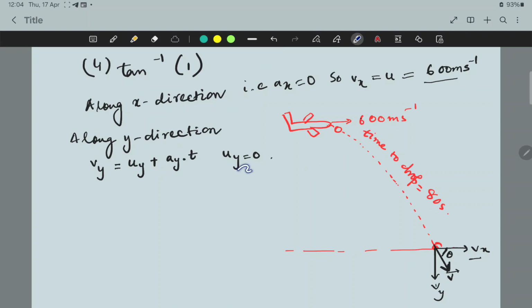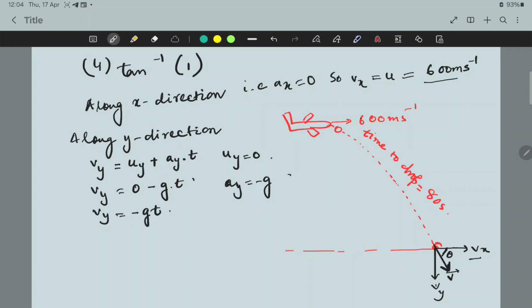So the initial y velocity will be 0. So let's put this here in this equation. Vy is equal to 0, and Ay we know is equal to minus g. So it will be minus g into t. So Vy becomes minus gt.